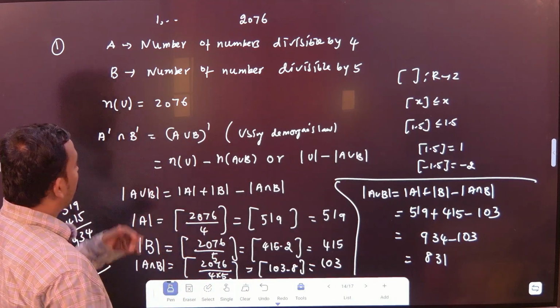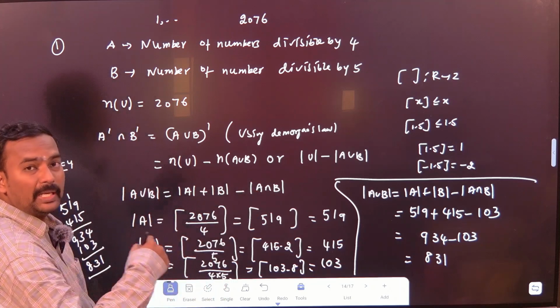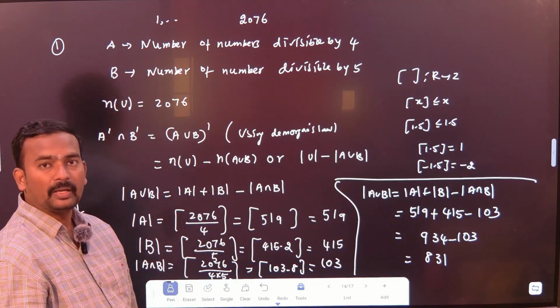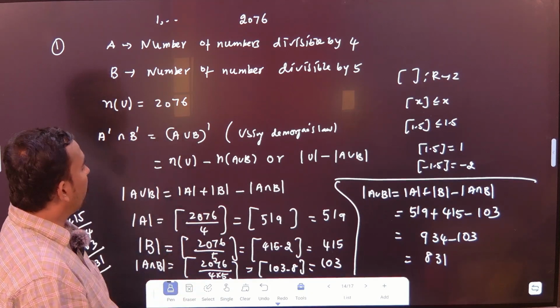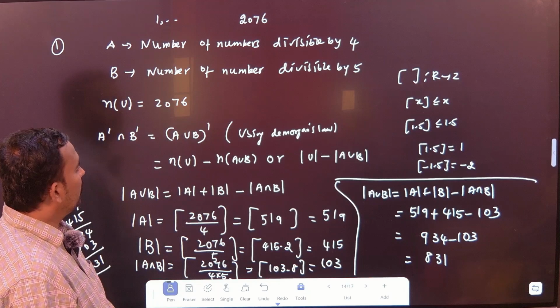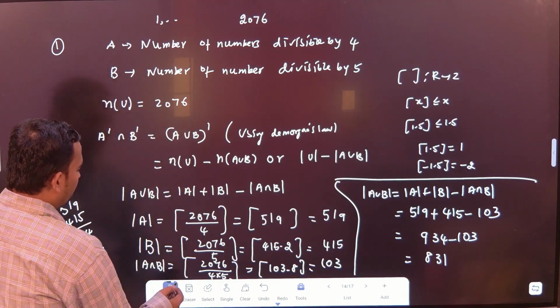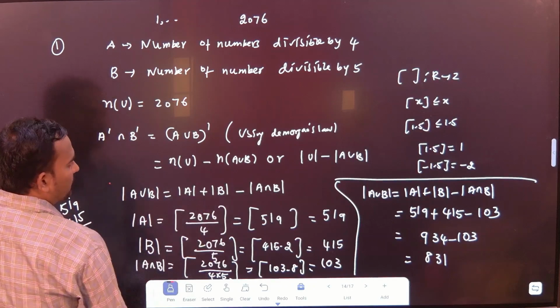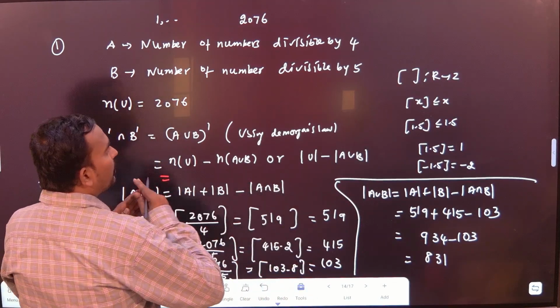What is actually required? A complement intersection B complement. Neither divisible by 4 nor divisible by 5. Correct? That means A complement intersection B complement is required. So we have to substitute it here. What is the total number here?